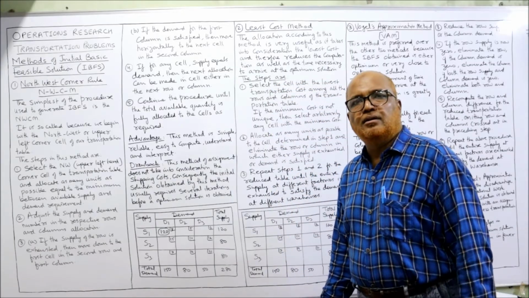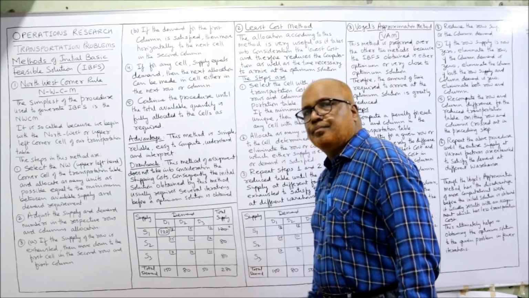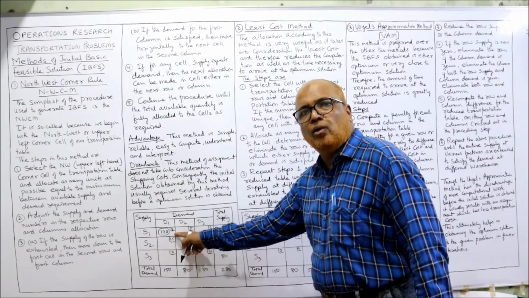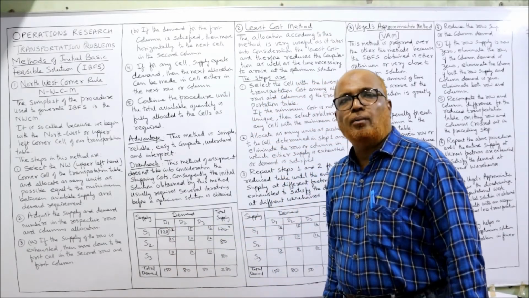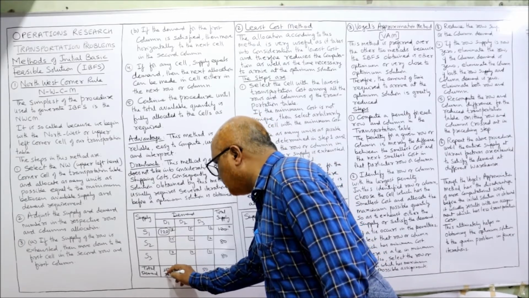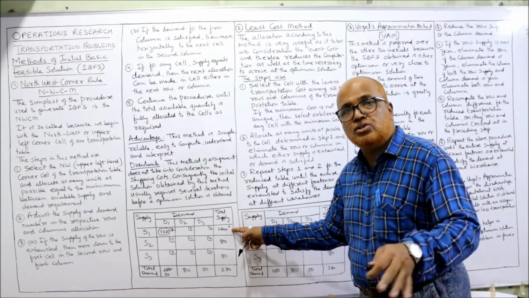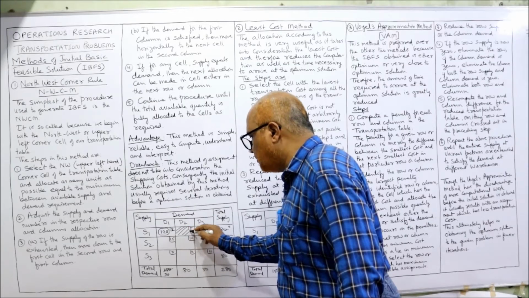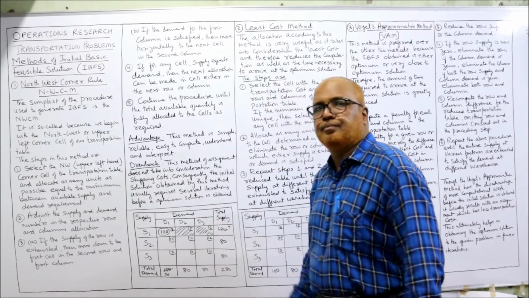So 120 minus 120, the row becomes 0. 120 was the total, complete 120 I have allocated here. So 150 minus 120, how much remains? 30. 30 is the remaining balance in the column. Row total is 0, exhausted. So this row is blocked. We are not going to make any allocation in this row, right?